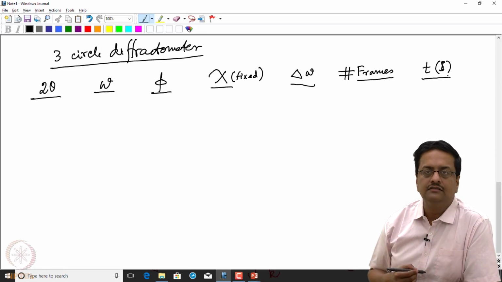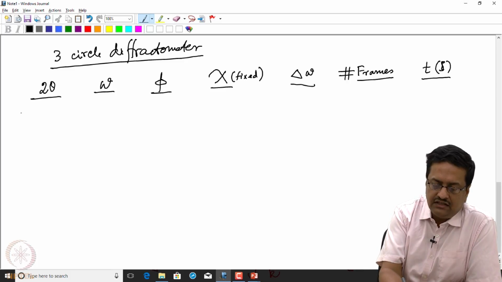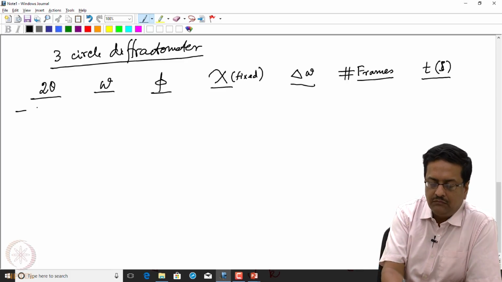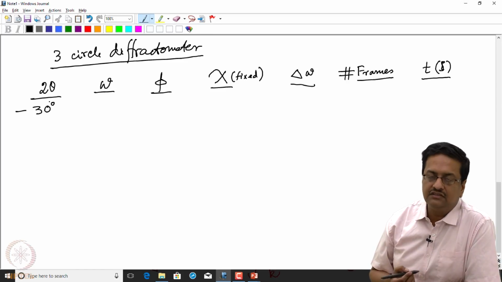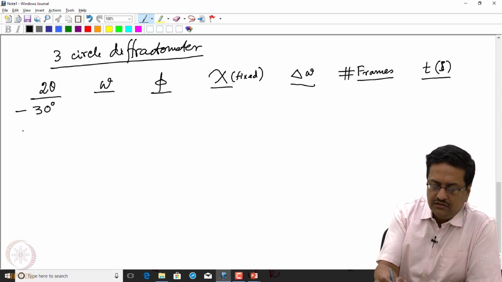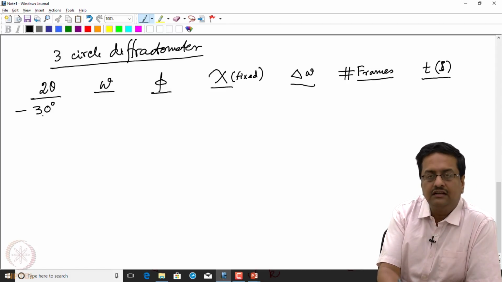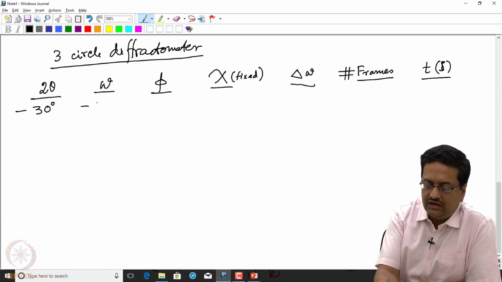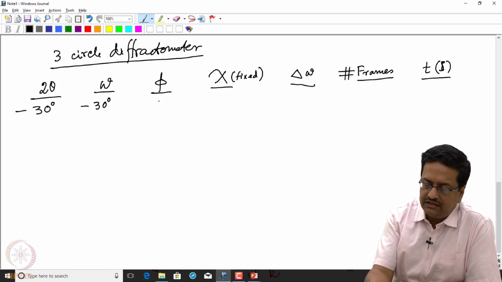As I indicated already, in case of a 2-circle diffractometer, if we place the detector at about minus 30 degree or plus 30 degree, it records data up to plus 60 degree or minus 60 degree. So, with the detector at minus 30 degree, we start omega also at, suppose, minus 30 degree. We start phi at 0 degree.